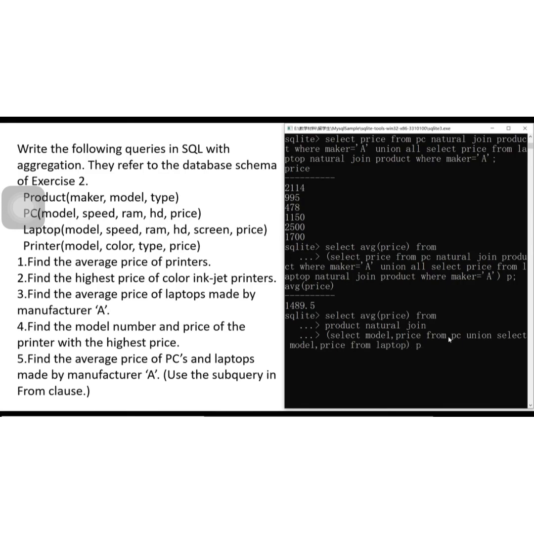So now product natural join the model and price of PCs and laptops, and in the where clause write the maker is A. Okay, then we'll get the same result.